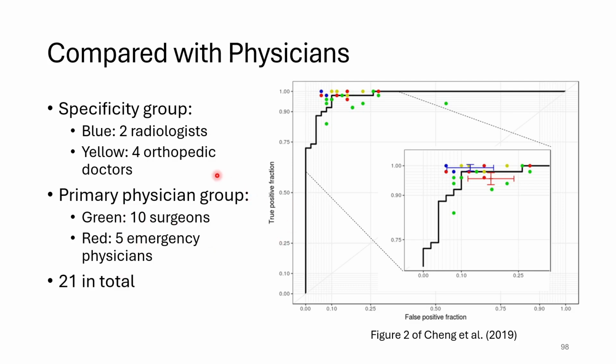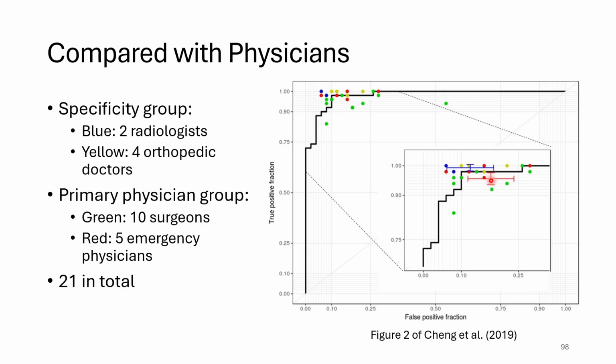Okay, so they use different colors to note the 2 groups. The blue and the yellow, let's see the first group. So you can see there is a cross. The cross means the mean and the standard deviation for the first group. They are experts, so their performance is better than the neural network.